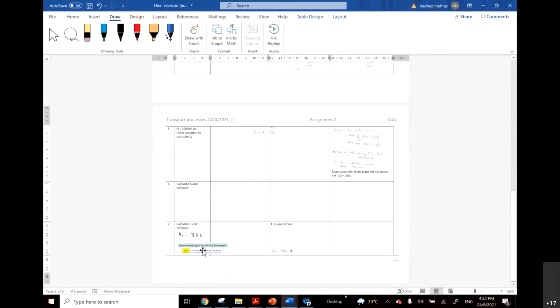And the question here is whether you need to multiply with 8 for the 2-8 heat exchanger. The answer is no, because the L here already represents the total length, even though it is not specified in the question.